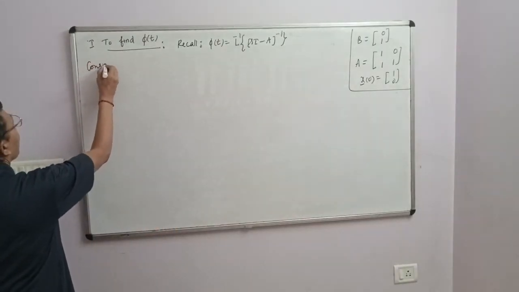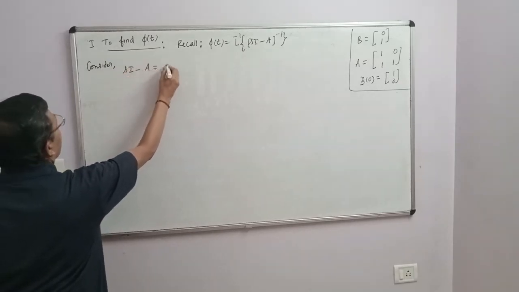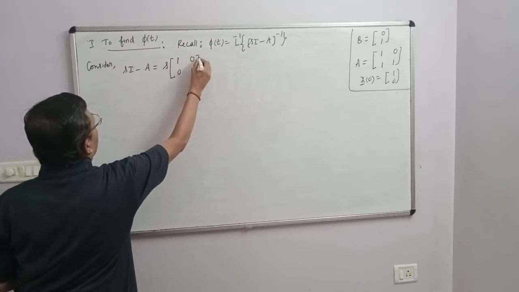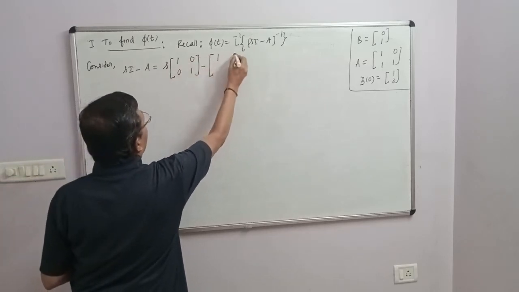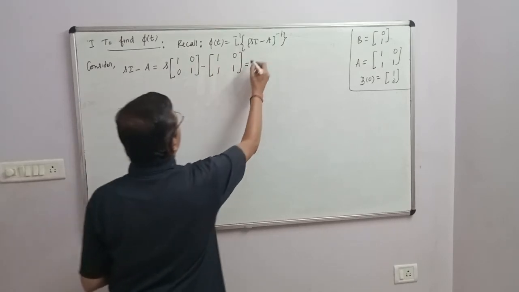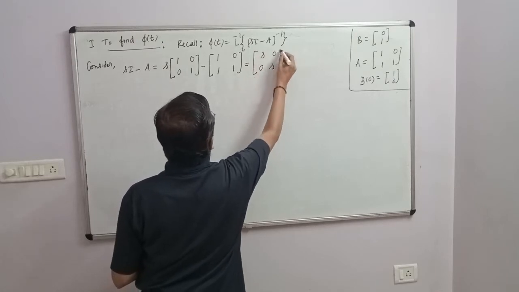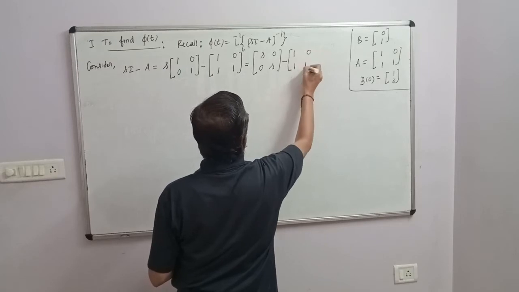Consider sI minus A. What is I? I is [1 0; 0 1]. A matrix is [1 0; 1 1]. So this becomes [s 0; 0 s] minus [1 0; 1 1].